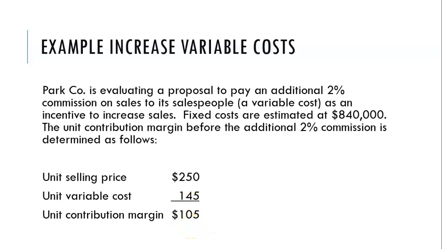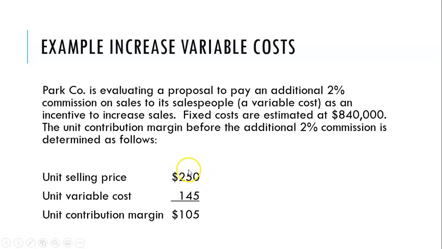Now the new variable cost is going to be different because we have to pay this extra 2% commission on our sales. So for each unit, we sell it for $250.